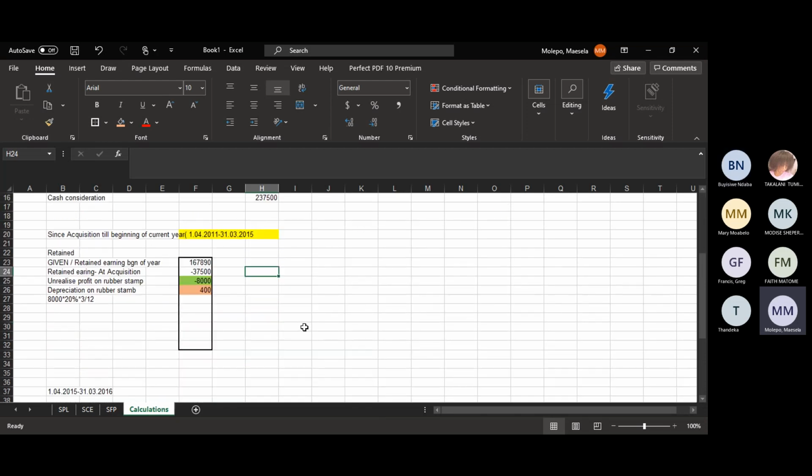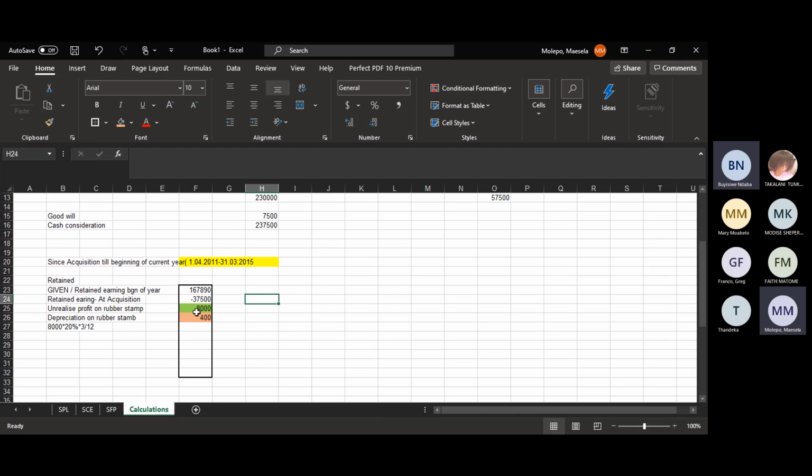I sold the asset to Tandeka. Me and Tandeka, we are in the group, right? So since me and her are in the group, I cannot account this as if I have made a profit. I will only say I made a profit after Tandeka used the asset or after Tandeka sold the asset to another person.